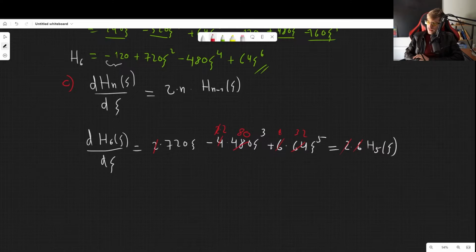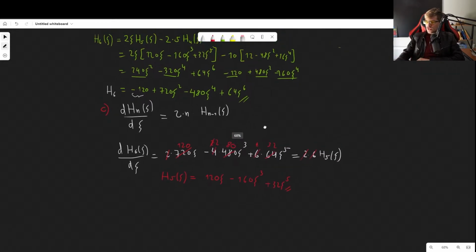And then this divided by 6 is 120. Okay, so h5 of psi, this is 120 psi minus 2 times 80, which is 160 psi cubed, and then plus 32 psi to the 5th power.